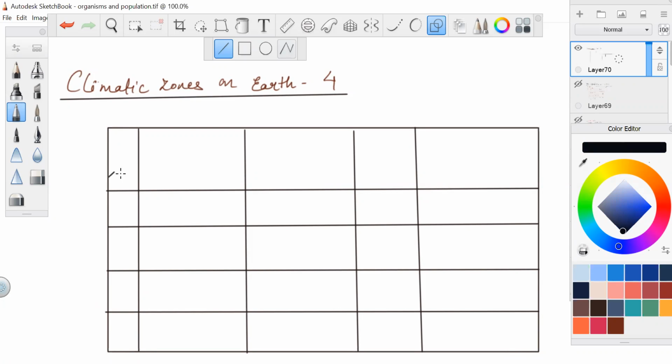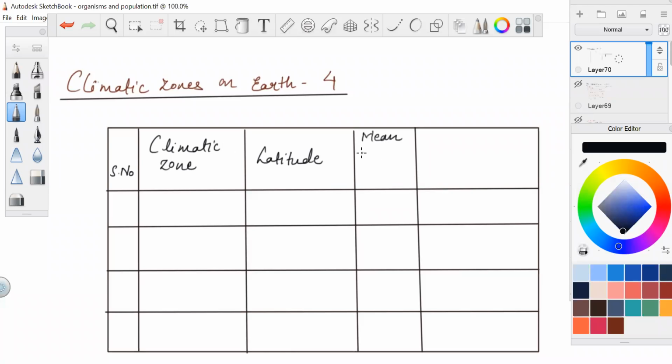This is called serial number. These are the climatic zone. This is latitude. This is mean annual temperature.